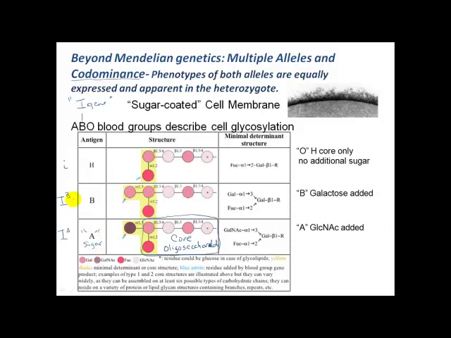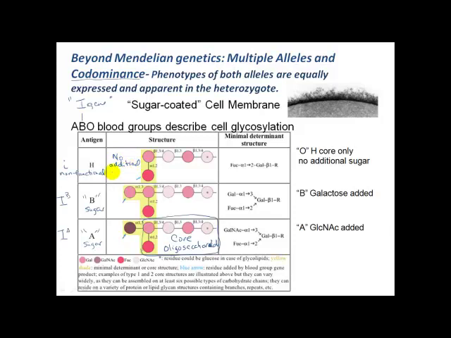The IB allele adds on a galactose. So we would call this the B-type sugar pattern. The i allele encodes a non-functional enzyme that adds nothing, right? So no additional sugar gets added.